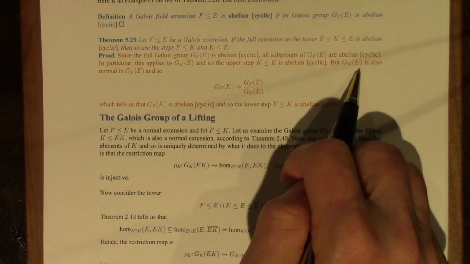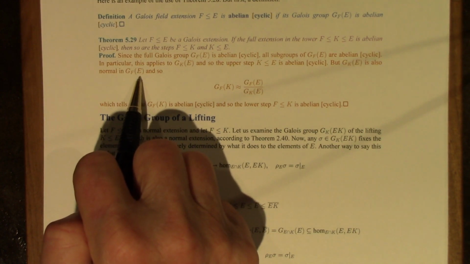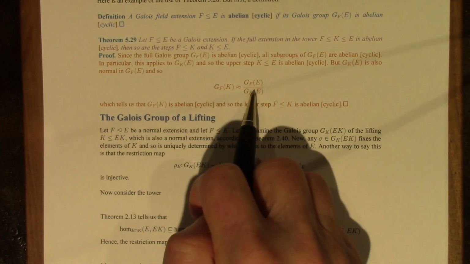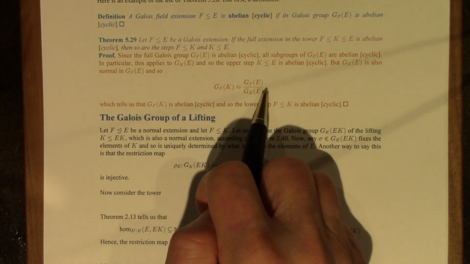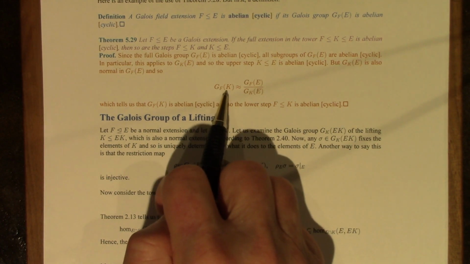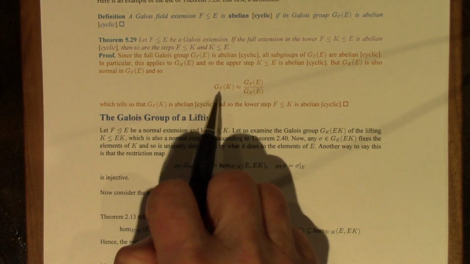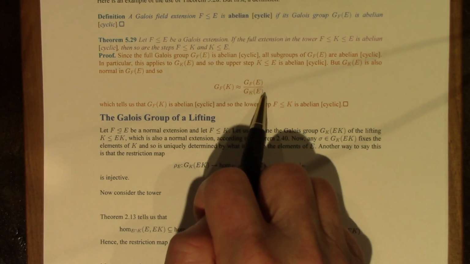GKE is also normal in GFE. And so this quotient we get from the third part of the fundamental theorem of Galois theory tells us that GFK is abelian or cyclic, because we're taking a quotient here.